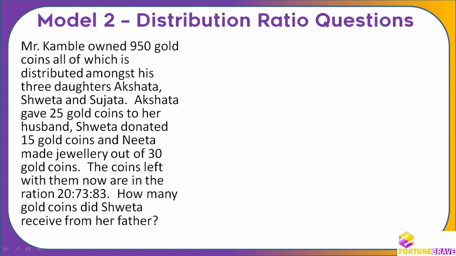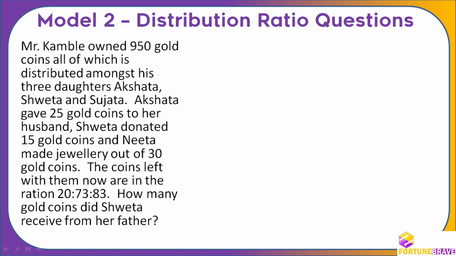Mr. Kamble owned 950 gold coins, all of which is distributed amongst his three daughters, Akshata, Shweta and Sujata. Akshata gave 25 gold coins to her husband.